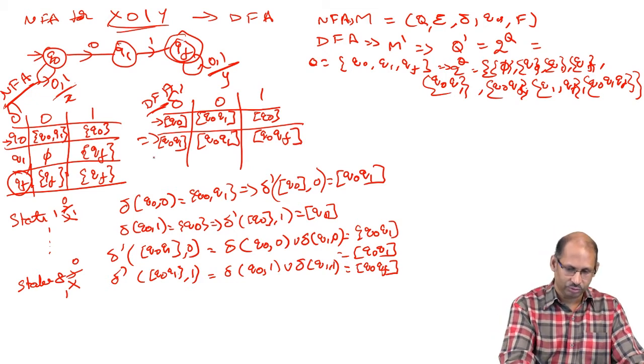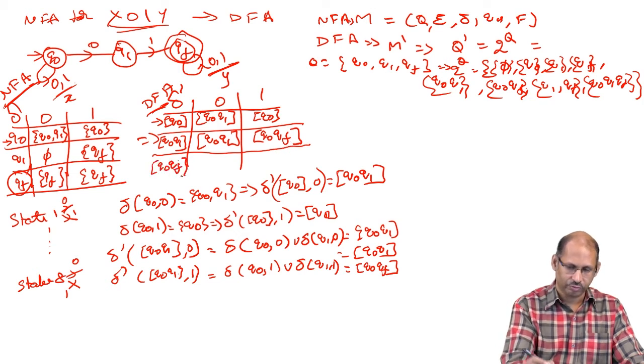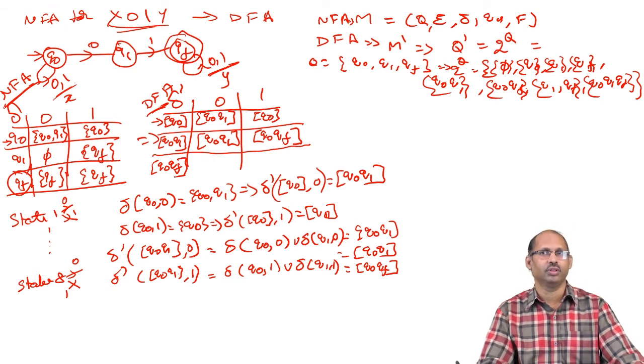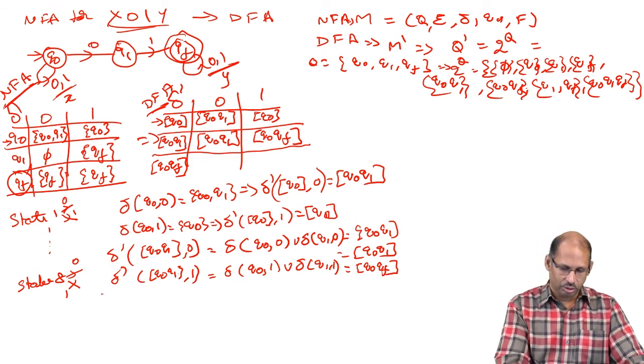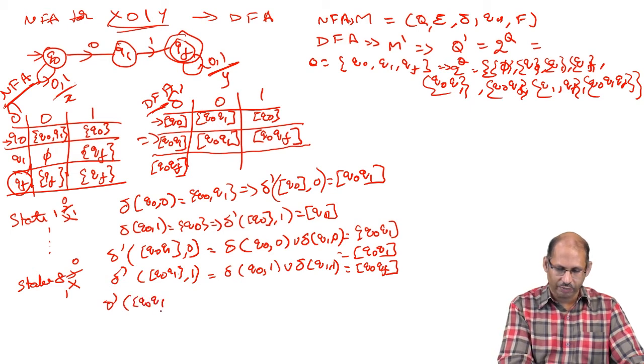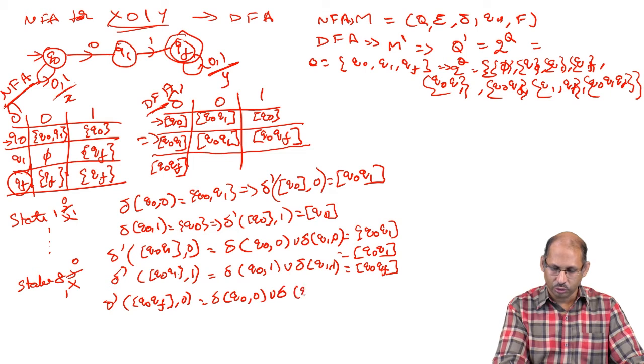Now consider the new state Q naught, QF. Q naught, QF on 0 leads to Q naught on 0 union with QF on 0, which results in Q naught, Q1, QF.